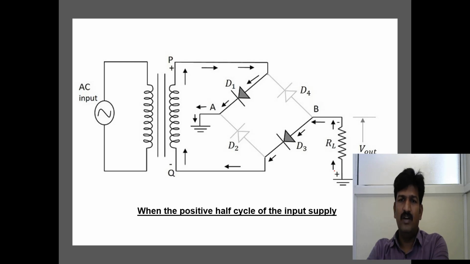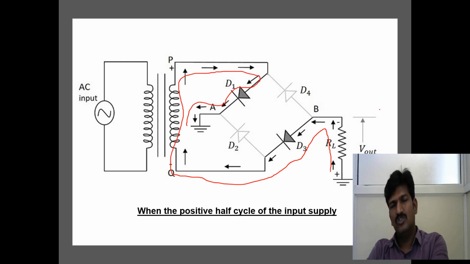Now, the current passes like this through the load resistor to D3, then the secondary winding, again goes to D1, and finally reaches the ground. This is how the current flows through the circuitry to complete the loop, while generating the voltage across the RL.